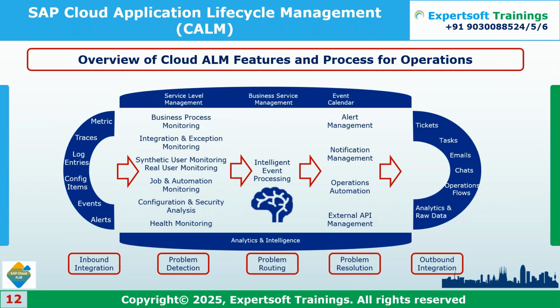SAP Cloud ALM offers a wide variety of scenarios, starting with business process monitoring. If you have a business process defined for your landscape or for your solution, it offers multiple metrics, like solution-specific metrics for supply chain, for finance, for HR, and for any other sub-stream processes like order to sales, hire to retire.